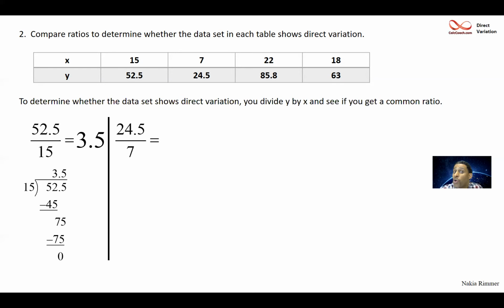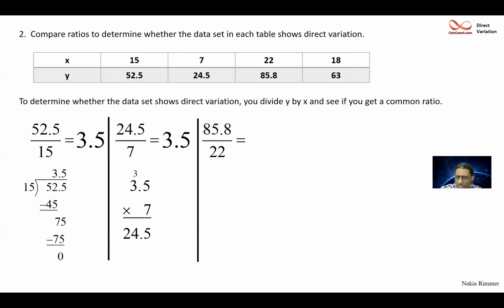So we divide 24.5 by 7. But maybe we shouldn't be dividing. Let's do the checking again. Let's see if 7 times 3.5 gives you 24.5. It does. So we get 3.5. Okay, great. All right, 22. 85.8 divided by 22. I don't know. Let's check and see if 22 times 3.5 is 85.8.